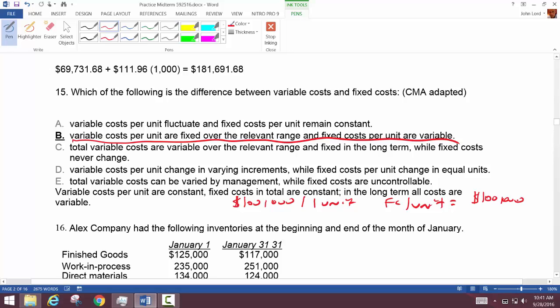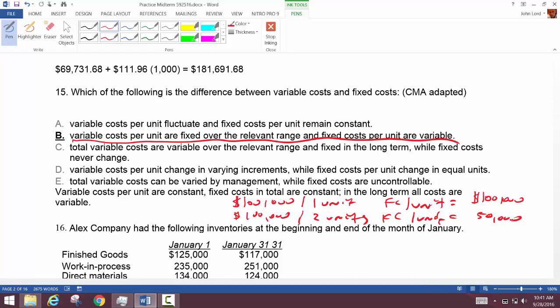If we advance to 2 units, our fixed cost total will remain the same. But now we pick up 2 units. Now my fixed cost per unit is what? Is 50,000, isn't it? So the fixed cost per unit indeed is varying by the number of units, isn't it?